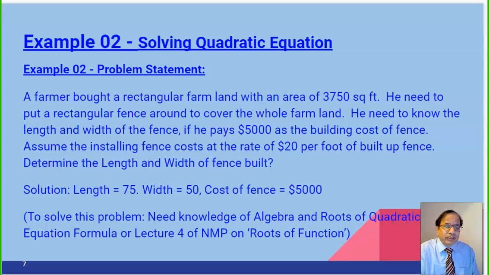Of course, the solution is length is 75 feet, width is 50 feet, and cost of fence is $5,000. To solve this problem, some knowledge of algebra and the quadratic equation formula, or lecture 4 on finding the roots of equation functions, is needed.